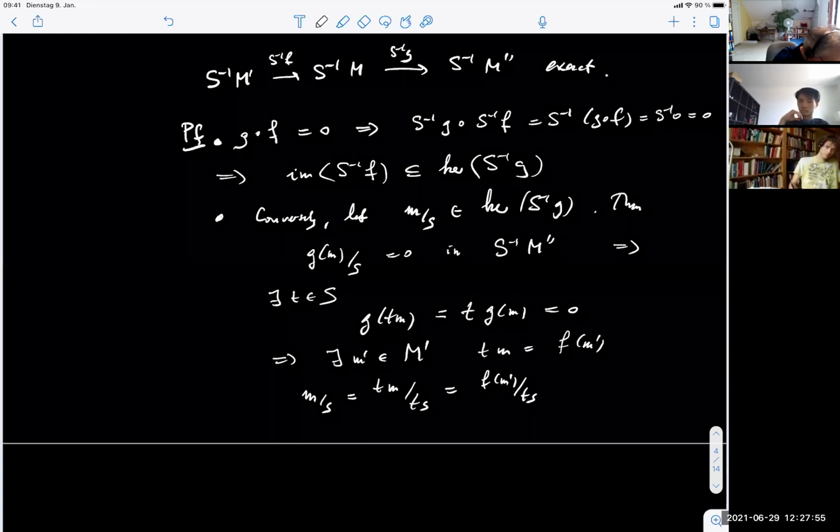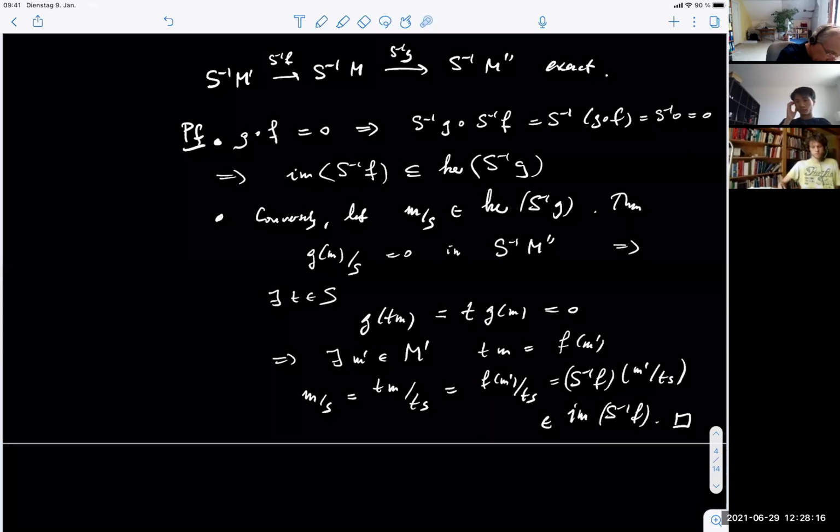This was our definition of the map s to the minus 1 f. This is the image of m prime divided by ts. So this is in the image, and I'm done. I started with the element in the kernel here, and I showed this is in the image.